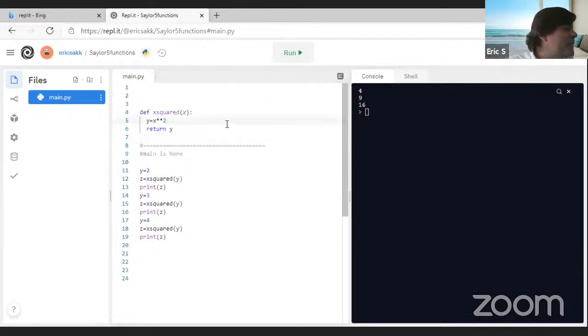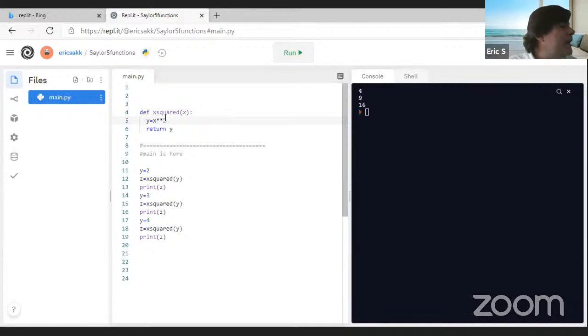So I guess, first of all, for computing powers, you have a number of different ways to raise something to a power. In the course we talk about the math module, and there's a function called math.pow, and you can raise a number to a power using that.